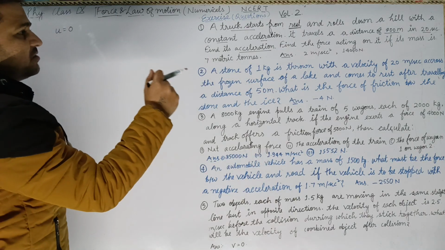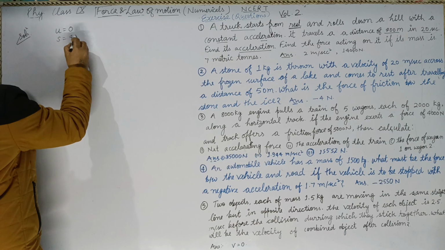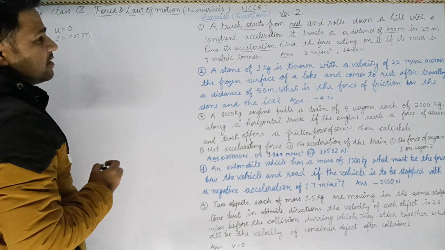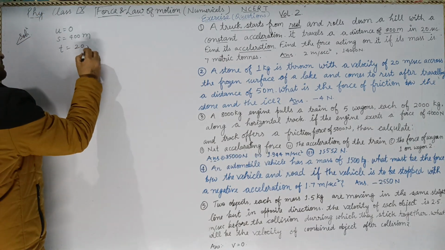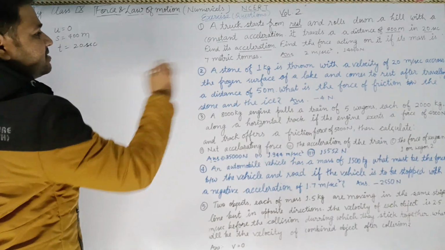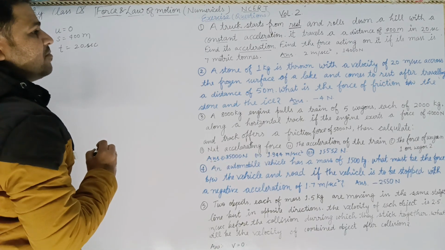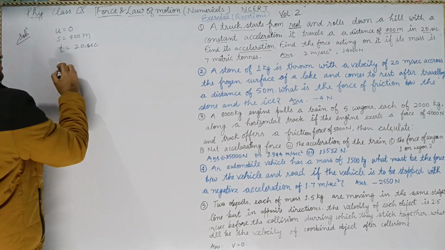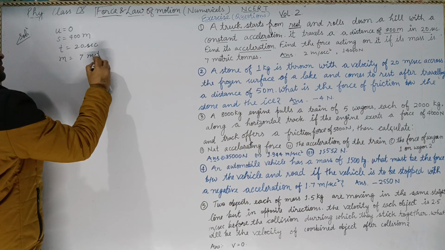The distance s is equal to 400 meters, and time t is equal to 20 seconds. Find the acceleration and the force acting on it if its mass is 7 metric ton.